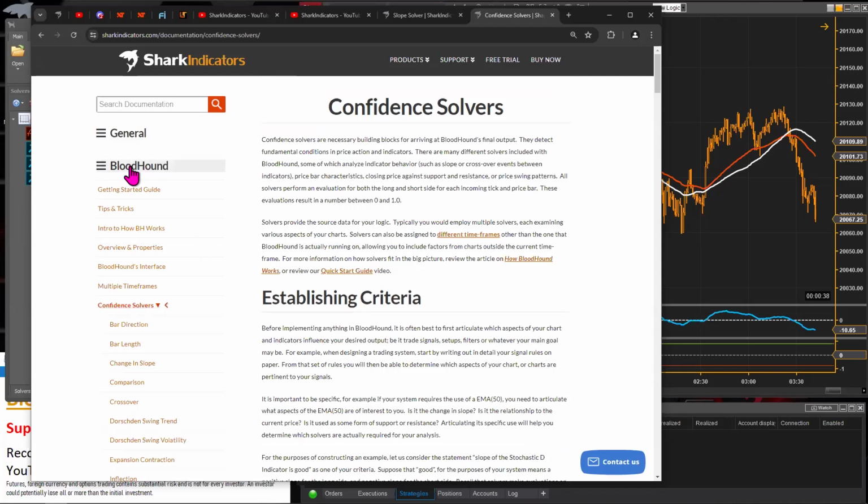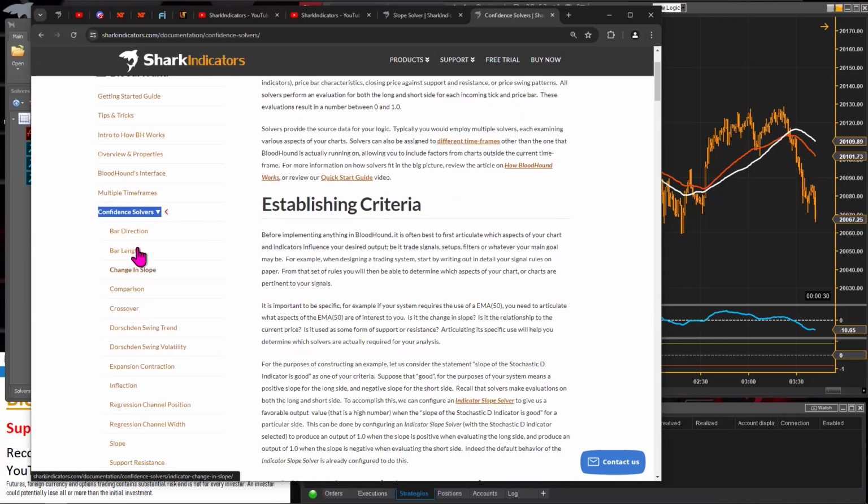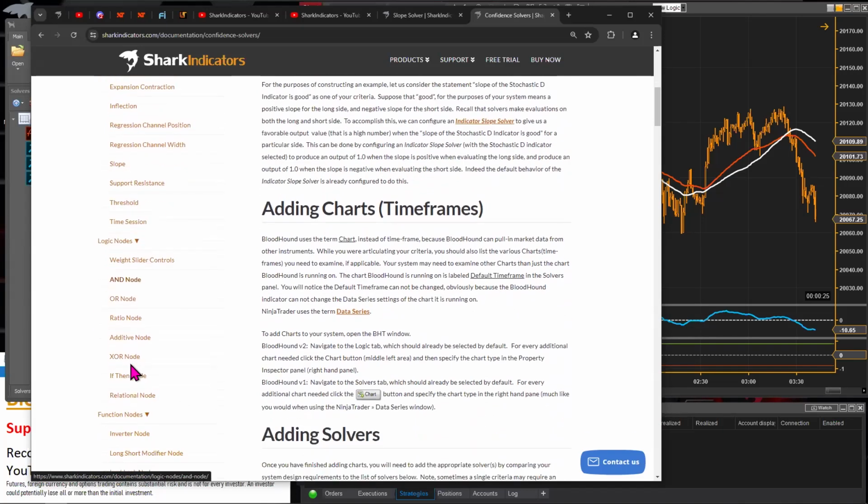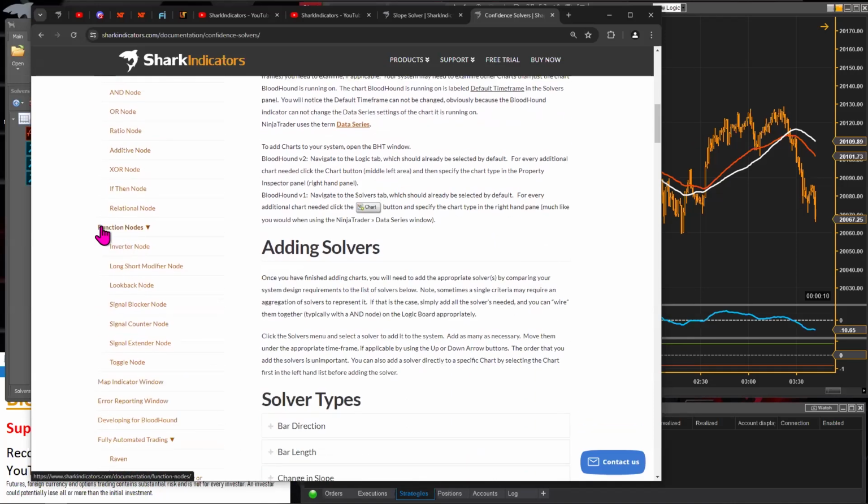So again, from the BloodHound side menu, the confidence solvers is right there, and then all the solvers are listed underneath. And I guess just to continue on, same thing with the logic nodes, right? The AND node, the OR node, the ratio node, right? There is a logic nodes page that kind of discusses what these nodes all have in common. And same thing with the function nodes, right? There's a page for the function nodes, and then all the individual function nodes are listed underneath there as well.